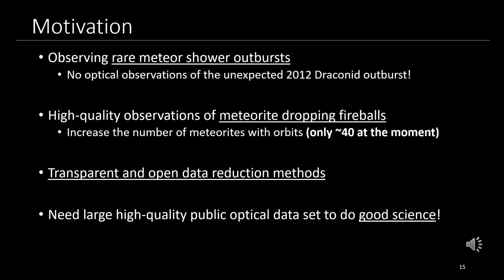Observing meteor showers, computing their flux, mass indices and orbits to constrain meteor shower prediction models. Observing meteorite producing fireballs to increase the number of meteorites with known orbits and help constrain meteorite source regions.